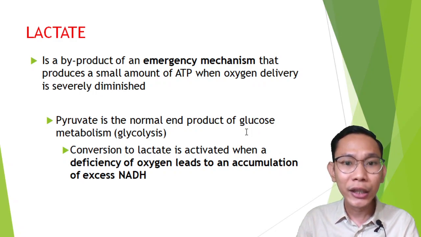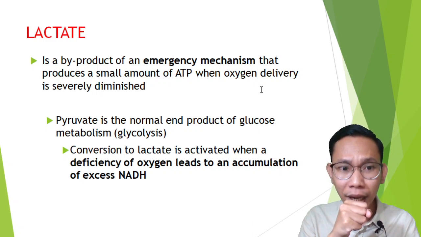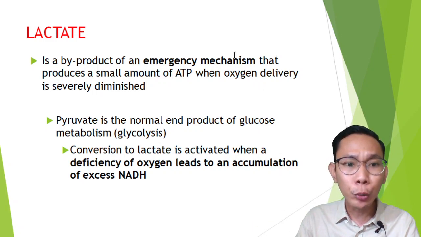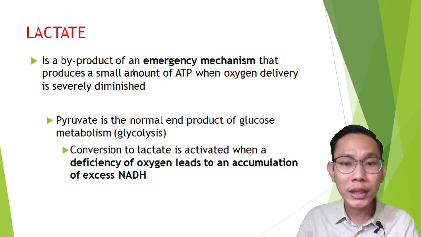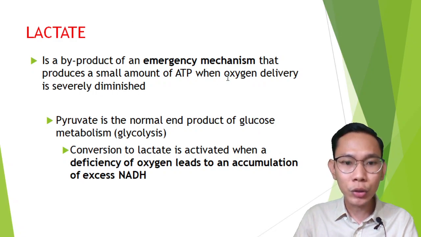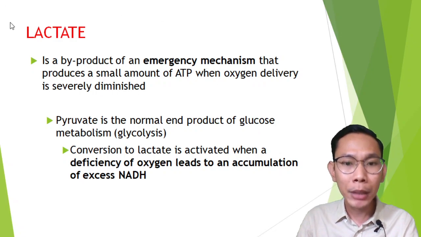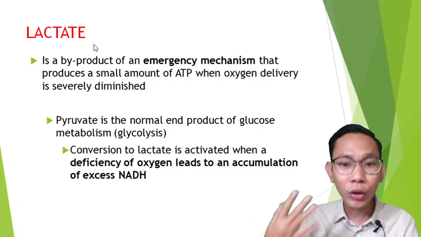However, this anaerobic glycolysis will not produce a sufficient amount of energy. Kaya nagkakaroon tayo ng accumulation ng lactate to produce more ATPs kasi nga small amount of ATP lamang ang naproproduce ng ating lactate. So in short, nag-accumulate ang lactate because of that. Because we need constant energy.